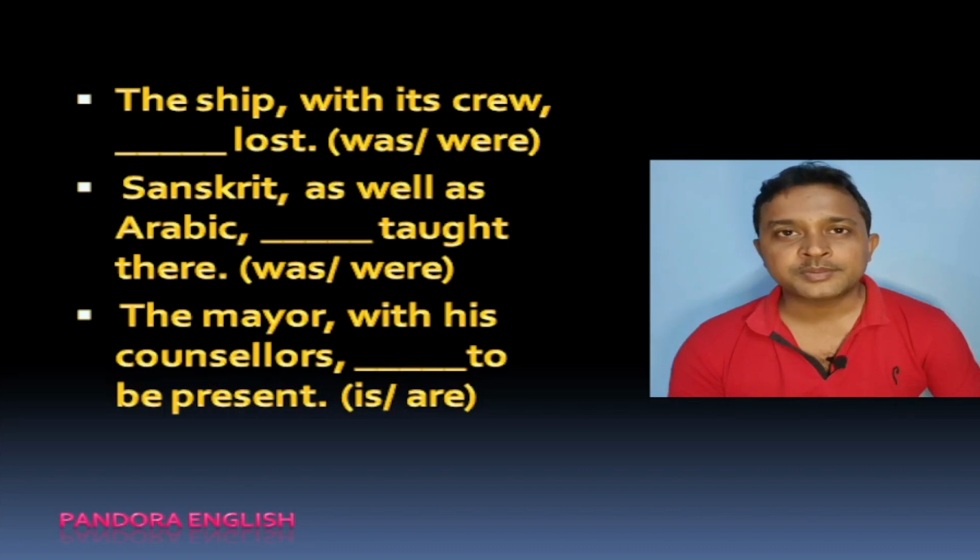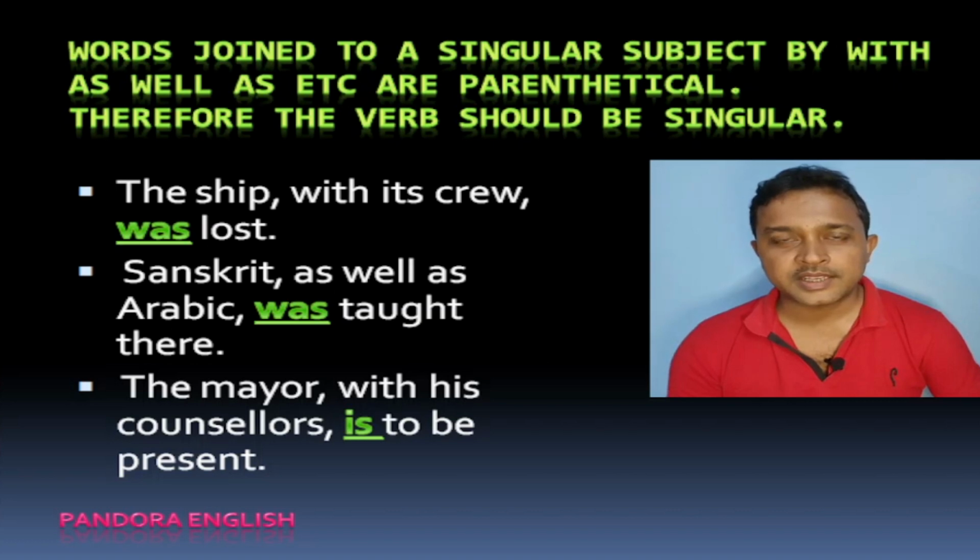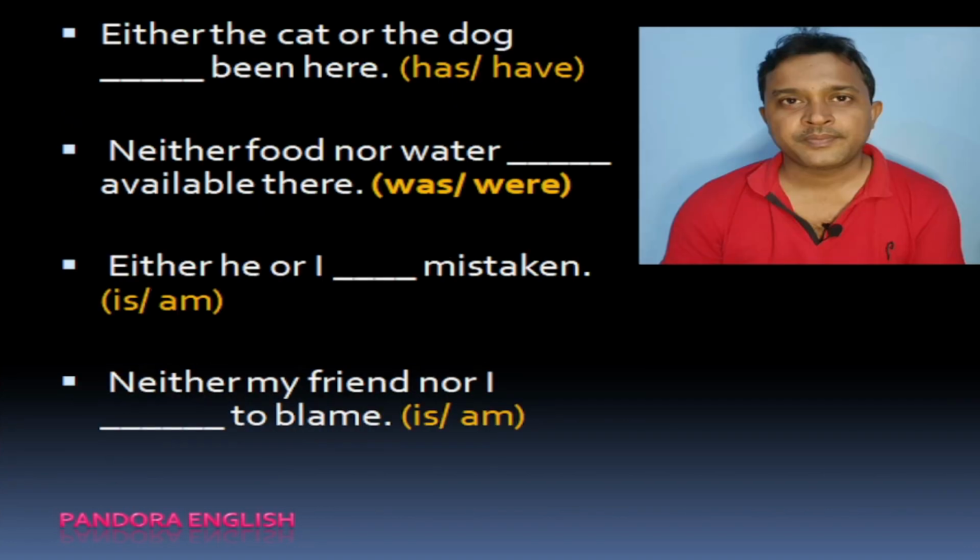Therefore, the verb that the subject requires here is always singular. So the correct answers to these questions will be: the ship with its crew was lost. Sanskrit as well as Arabic was taught there. The mayor with his councillors is to be present.